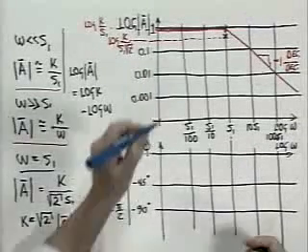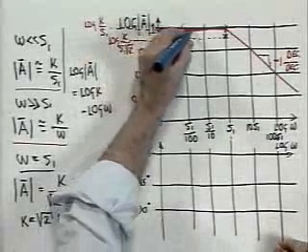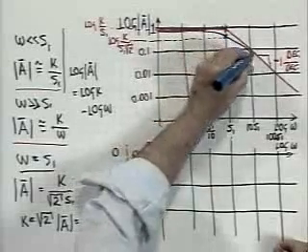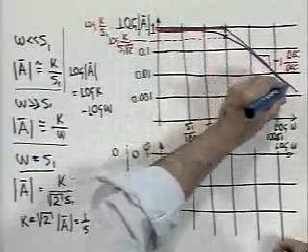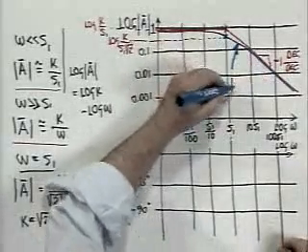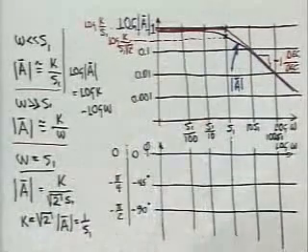The real function then follows this asymptote for low frequencies. It begins to bend over, goes through that point, and follows this asymptote for high frequencies. So this line is the magnitude of A as a function of omega.